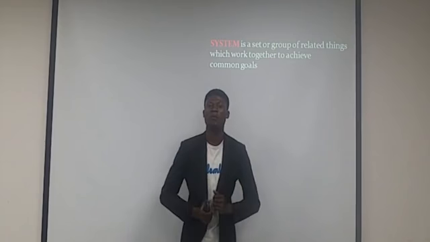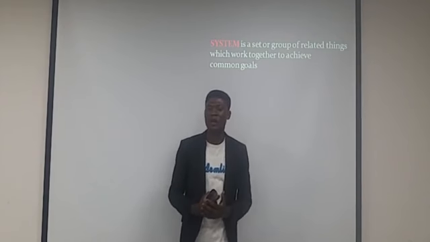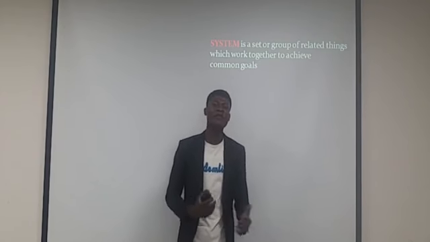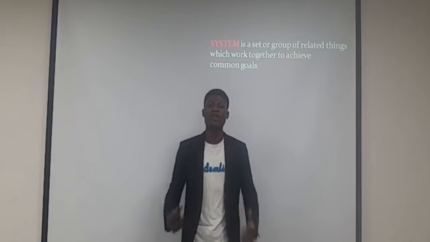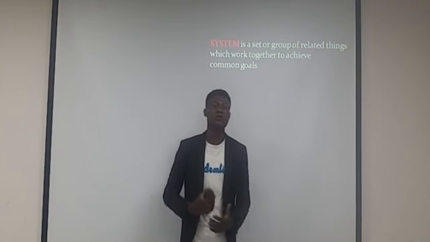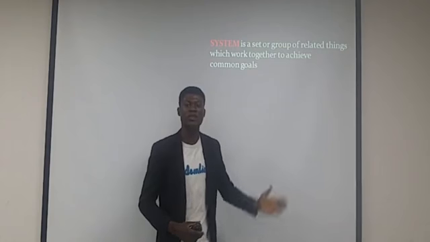For instance, the human body, we can take it as a good example of a system. The hands are there, the head is there, your legs, and every part of your body forms your body system, and you need all of them to work together before you can achieve certain goals. So that is what the word system means.